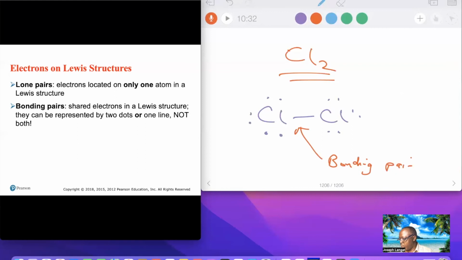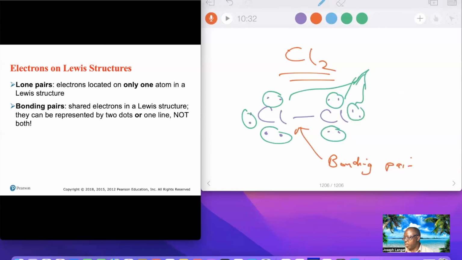And these ones right here, this one, this one, this one, these are lone pairs, okay?